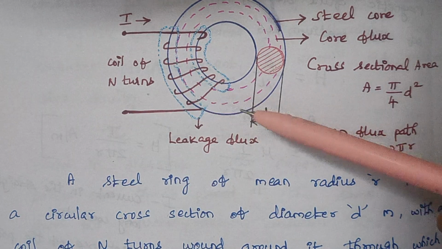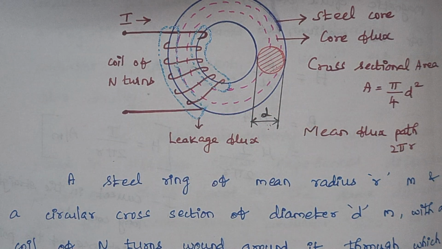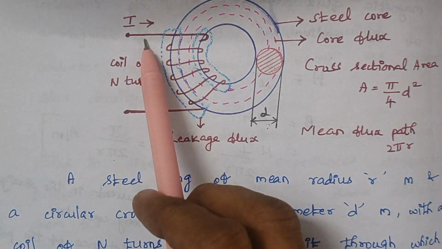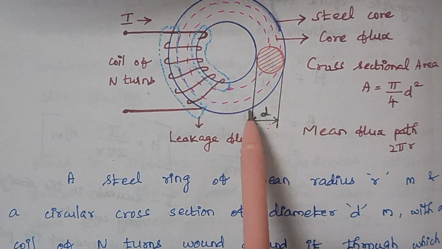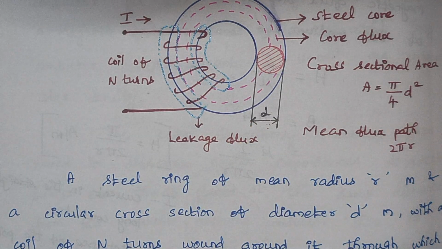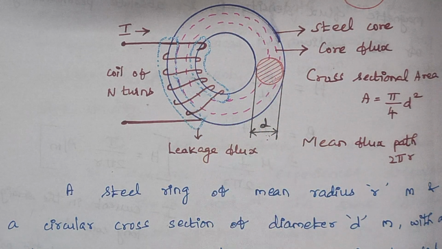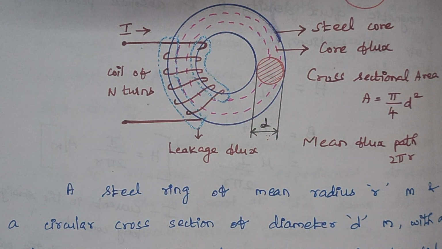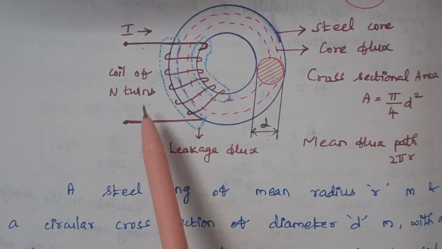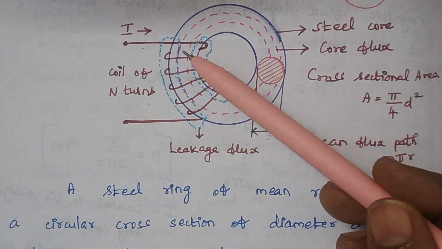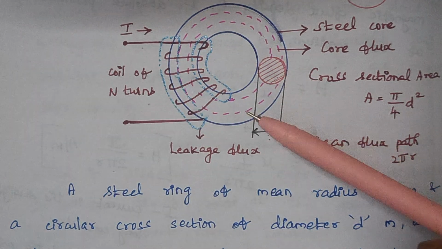Initially, when you do not supply any current through this coil, this setup doesn't produce any magnetic flux; this steel core doesn't have any magnetic flux inside it. But once the current is given to this coil, the magnetic flux automatically sets up in this steel core.